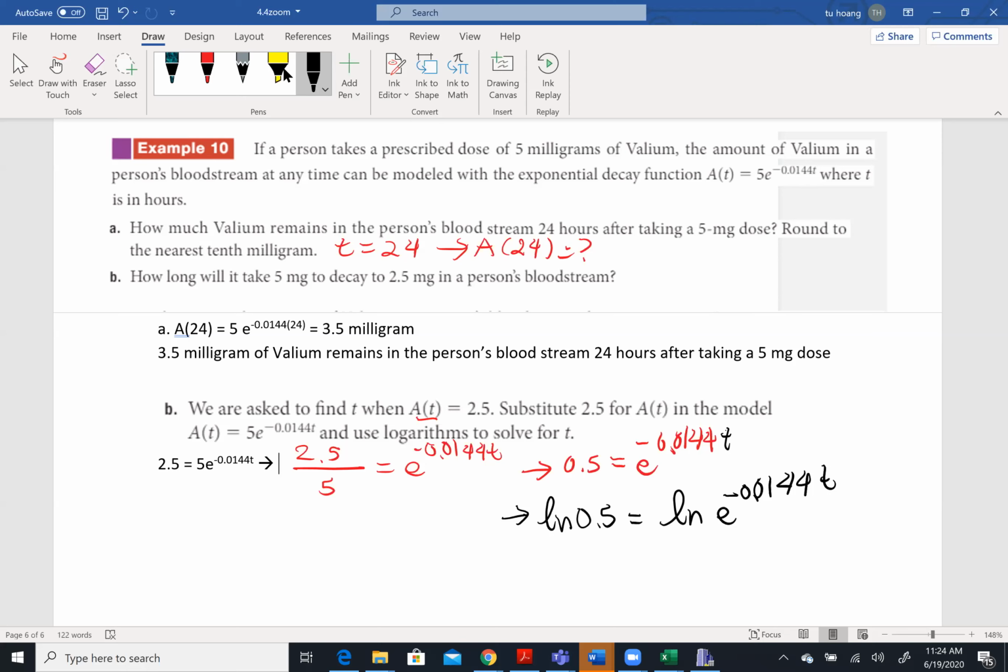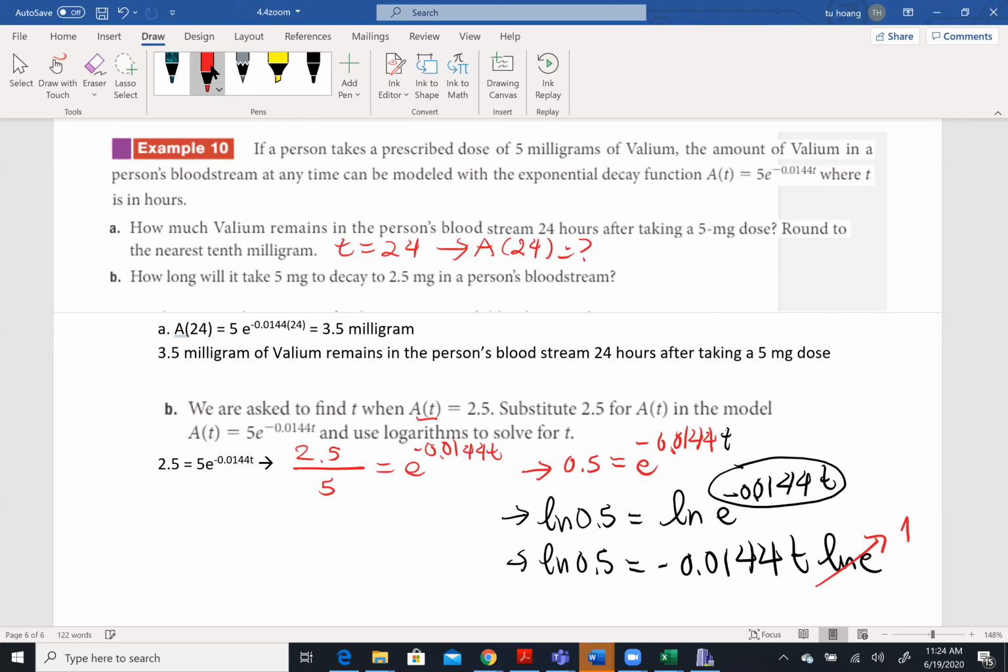If you remember property number 5 of the natural log, you can put down the power in front of the natural log. So you have ln 0.5 equal to negative 0.0144 t times ln e. In this case, ln e will be equal to 1.